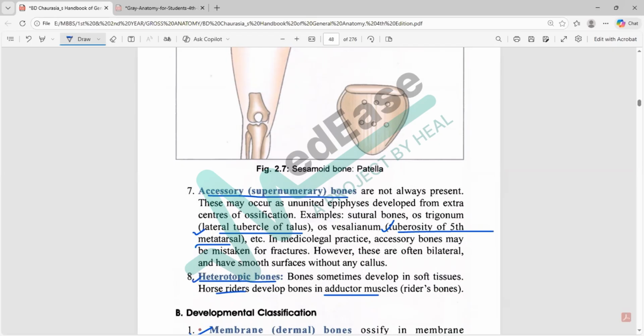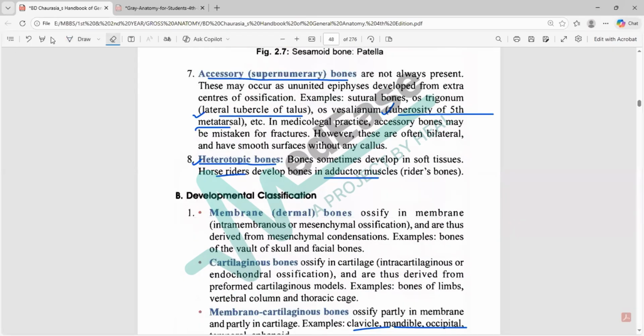Then we have the heterotopic bones, which are not produced in the normal condition, but are produced whenever there is some underlying stress, like it is commonly seen in horse riders because of excessive riding. It develops in the adductor muscles.